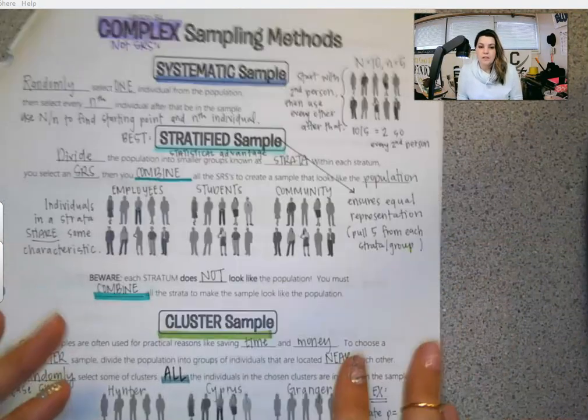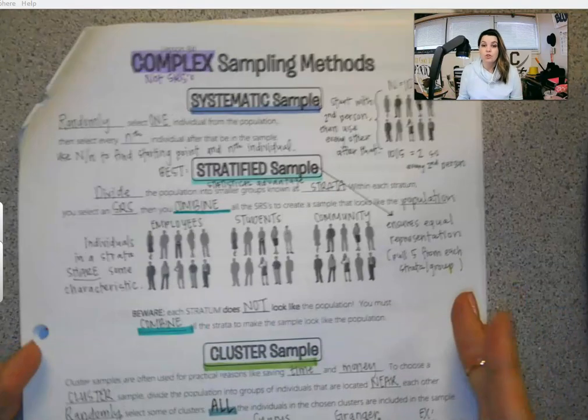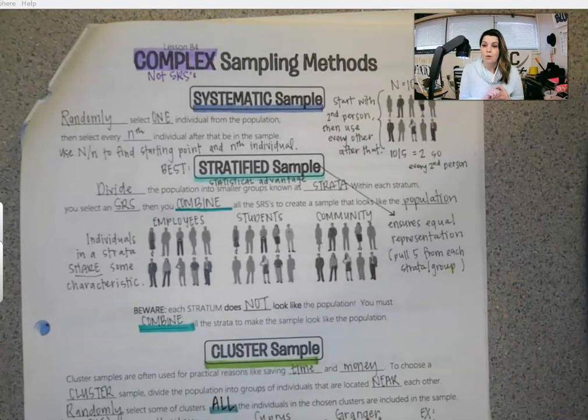The second one we talked about is stratified. The key with a stratified sample is you divide your population into groups that look the same. So we're talking about all 8th graders, all 9th graders, all 10th graders. When you look at one strata at a time, it does not look like the population. If I stratify by grade level, and one of my strata is 9th grade, that stratum does not represent the population because there are 9th, 10th, 11th, and 12th graders.